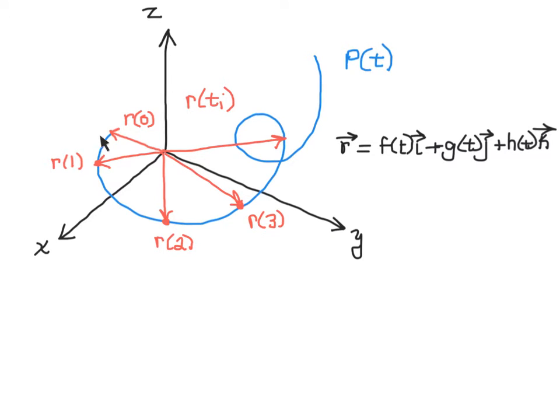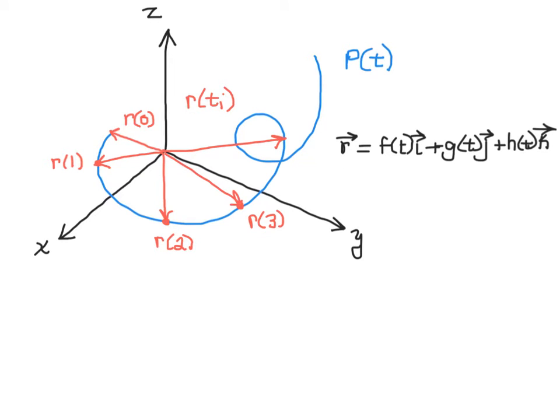Now, the question is the path that the bug takes, which is defined by the r vector, which changes over time. Is this path continuous? Which means, is r of t continuous?